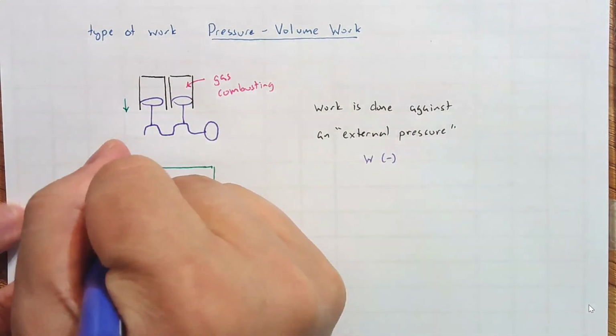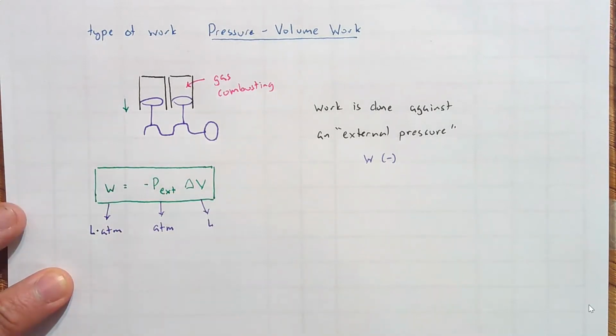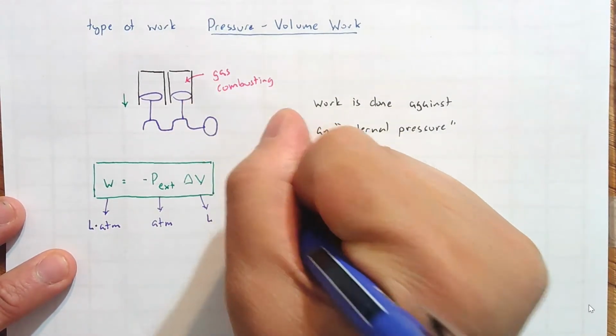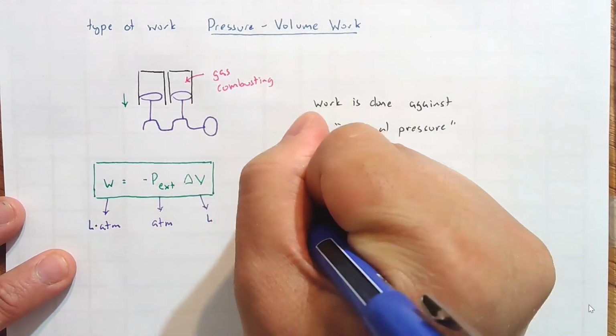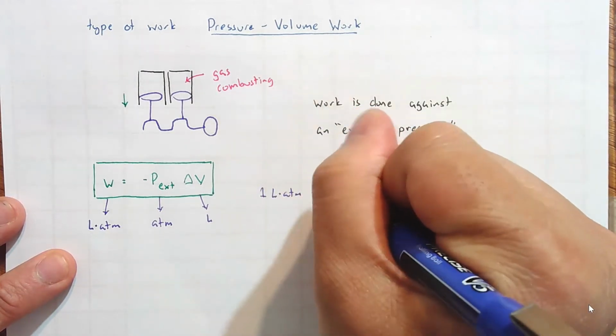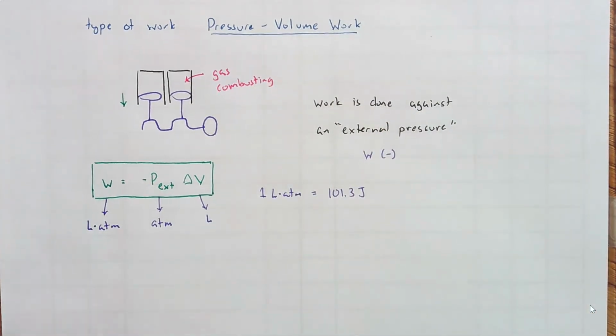So this work is going to be in what's called a liter-atmosphere unit. And there is a conversion. The conversion is 1 liter atmosphere equals 101.3 joules. So there's your conversion if you want to convert liter-atmospheres into joules.